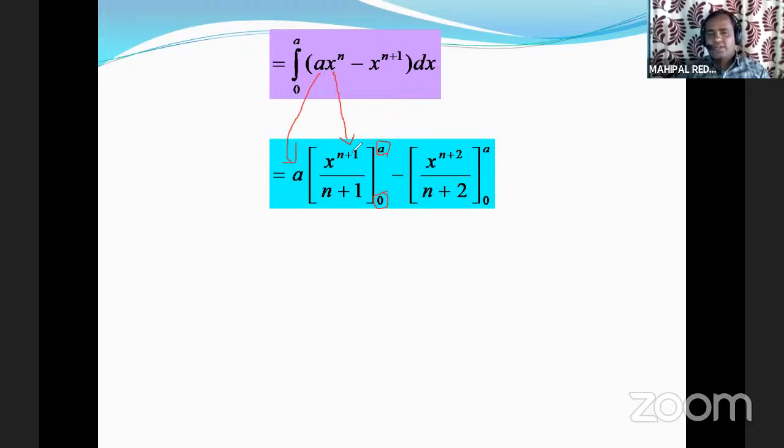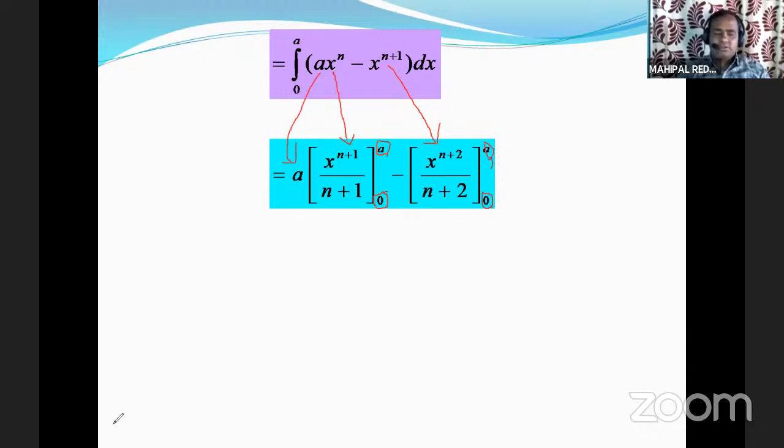And integration of x power n plus 1 is nothing but x power n plus 1 plus 1 by n plus 1 plus 1. N plus 1 plus 1 becomes nothing but n plus 2. So integration of x power n plus 1 is x power n plus 2 by n plus 2. Lower limit is 0, upper limit is a.